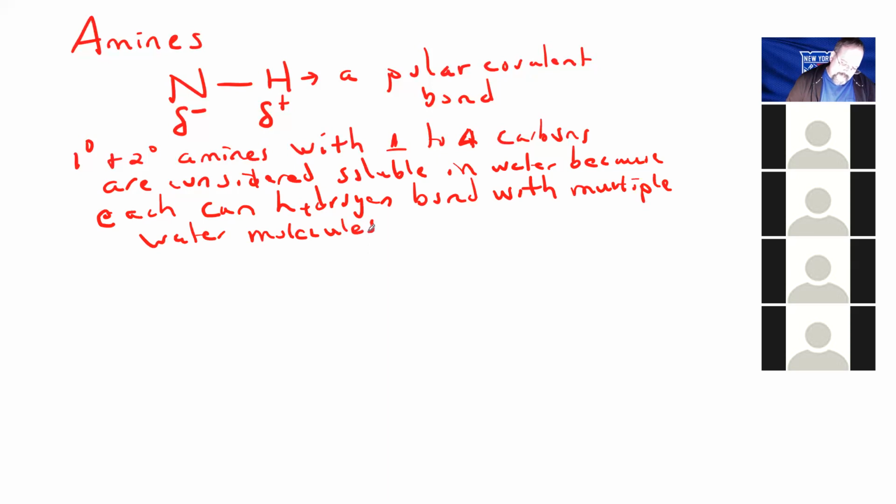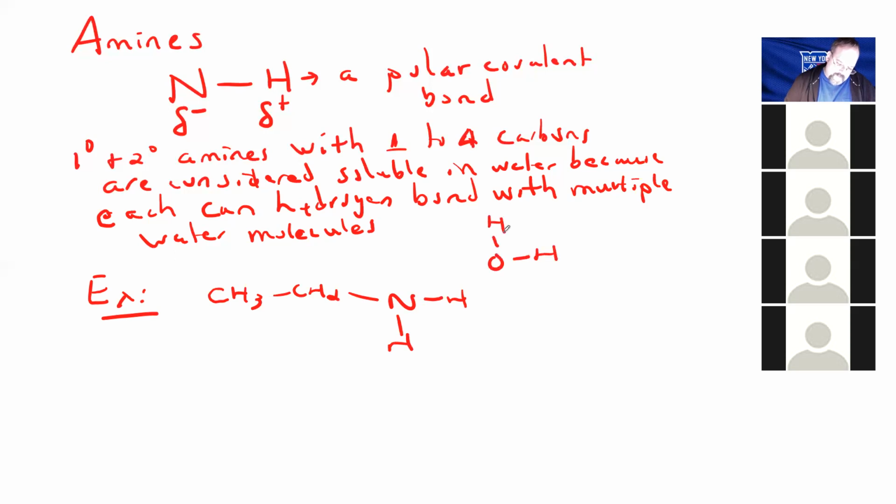Now, we're not going to go into the reasons why they wouldn't be considered very soluble in water if they can hydrogen bond with multiple water molecules, but the general idea is that they are considered soluble in water because they can hydrogen bond with multiple water molecules. So, for example, if we had something like this, where you had ethylamine, water molecules would essentially be attracted to it as such.